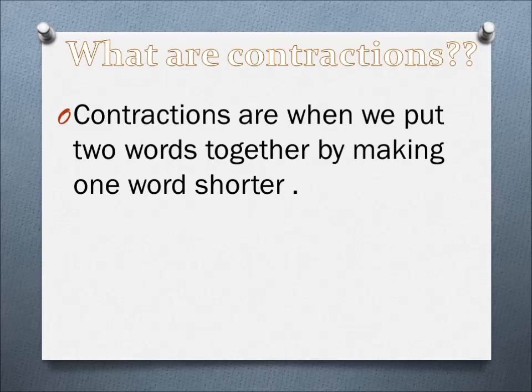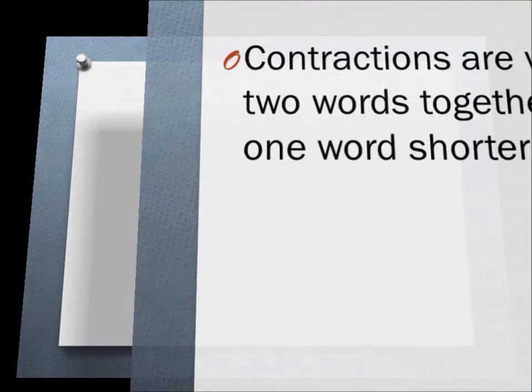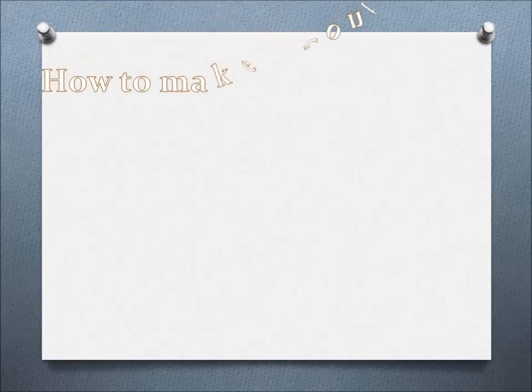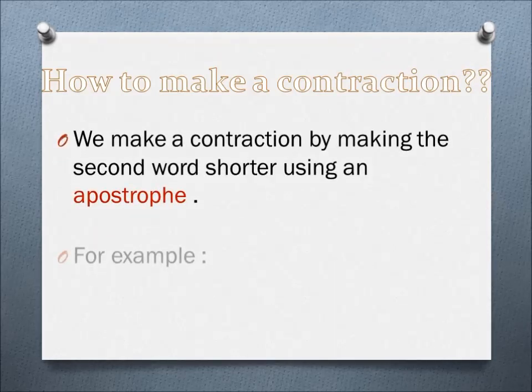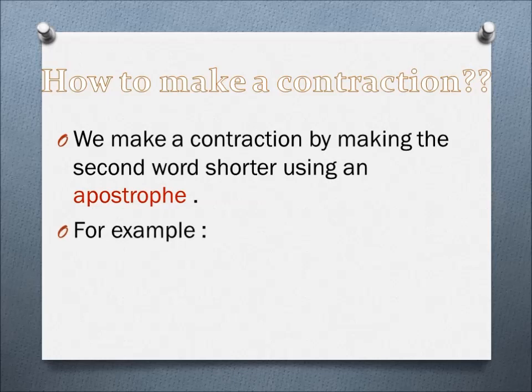What does this mean? I have two words. I change the second one only. The first word does not change. I just change the second one, and I make it shorter using an apostrophe. For example, he is, he's.